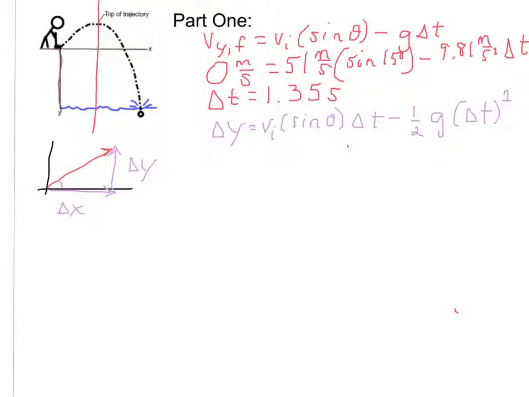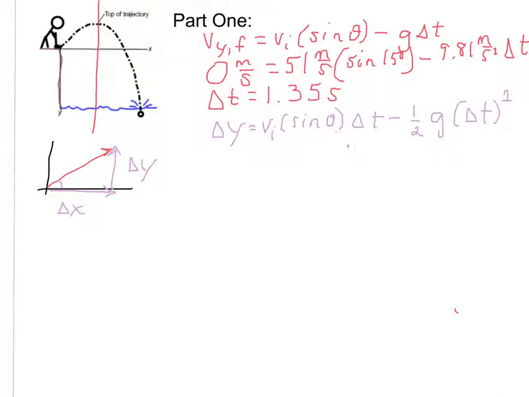This is the equation I'm going to use for that. I simply copied it from that previous screen, and now I'm going to plug values into here because I do know all these things. So I know my initial velocity, 51 meters per second.